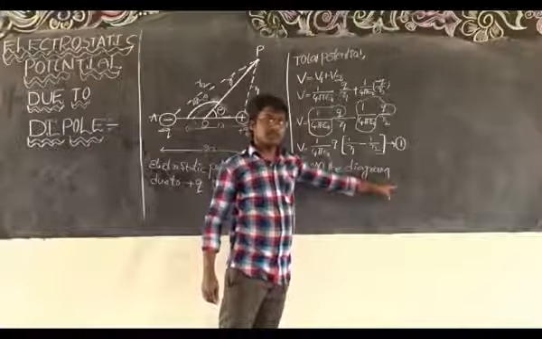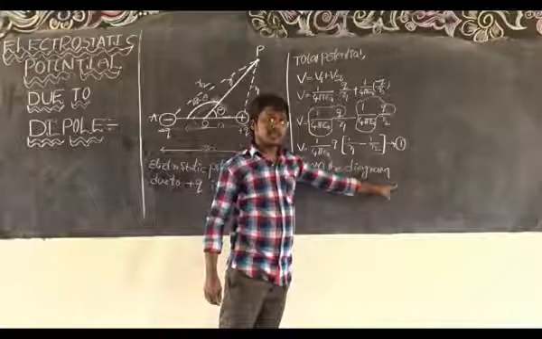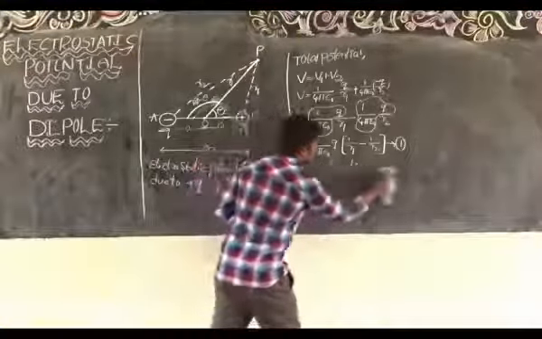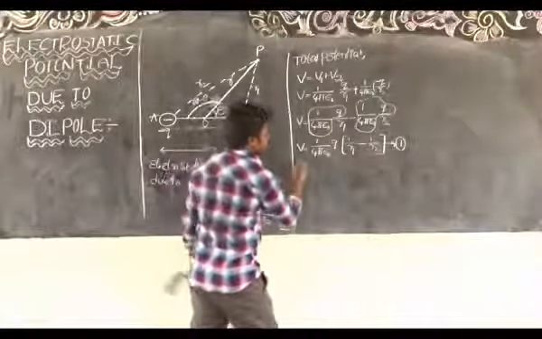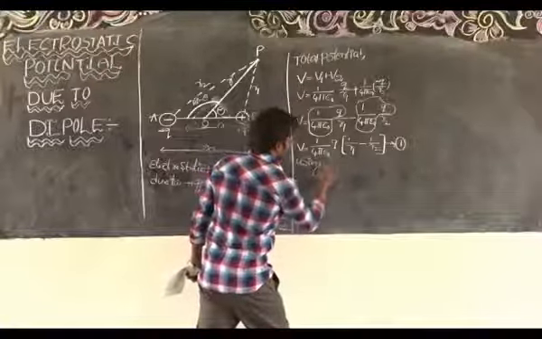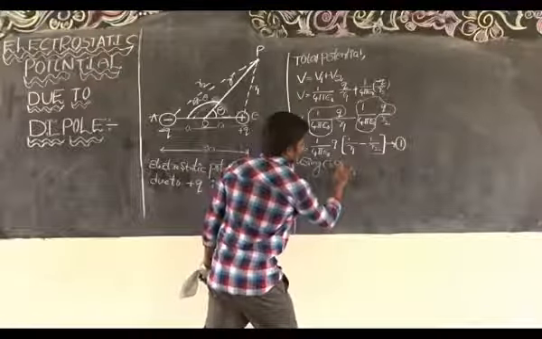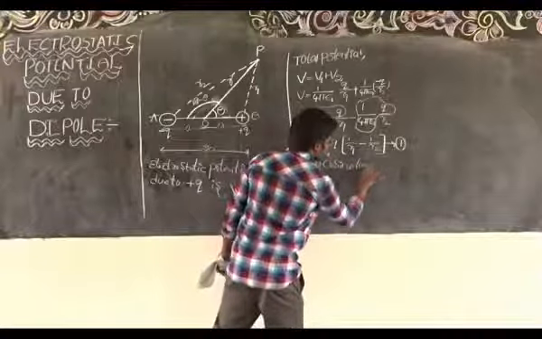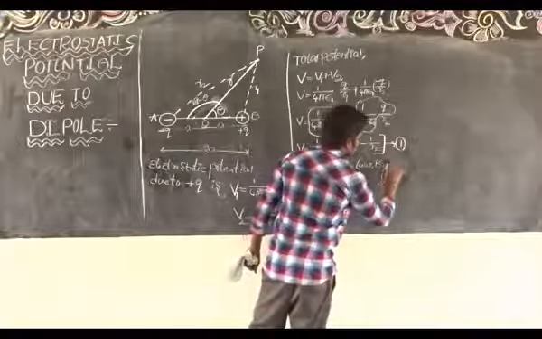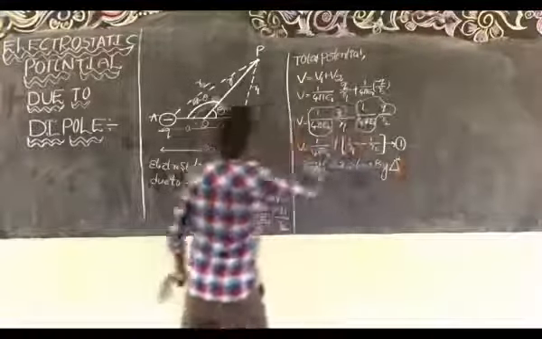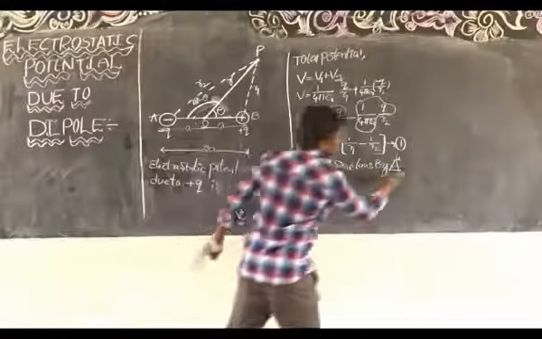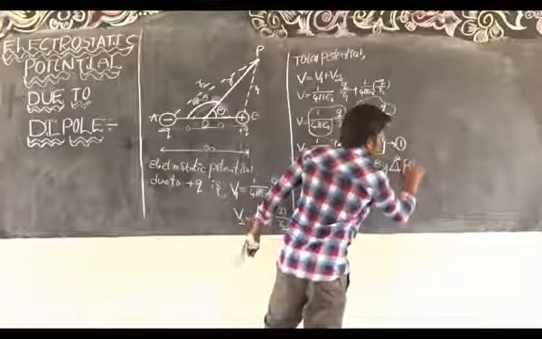By using the cosine law, using the triangle. What is the triangle? POB. I take this triangle, triangle POB.